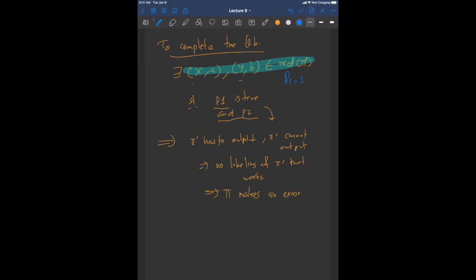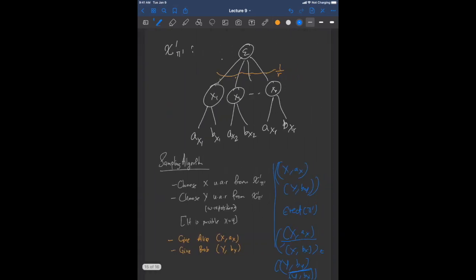Now I want to understand with what probability promise 1 is true. We knew that promise 1 is true for a particular matrix x. For any x in X dash pi dash, we knew that ax is different from bx.